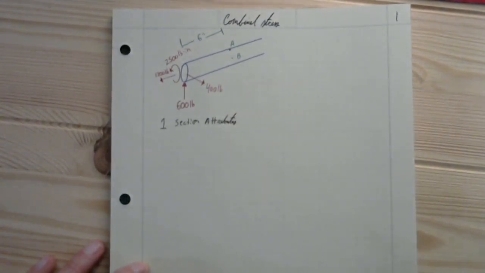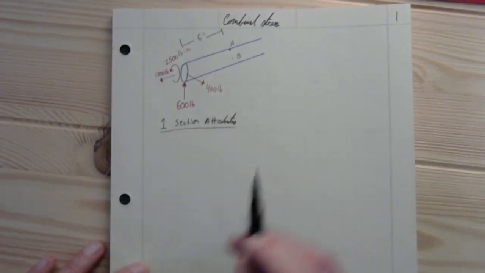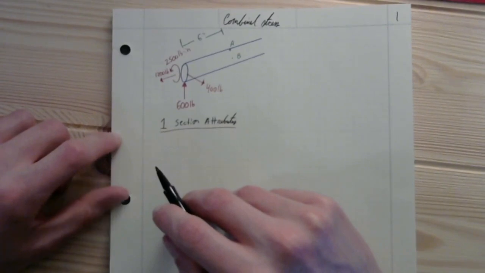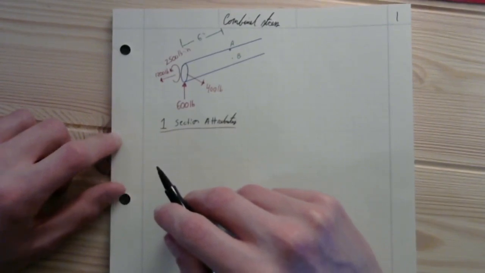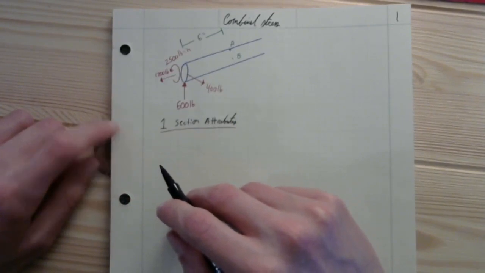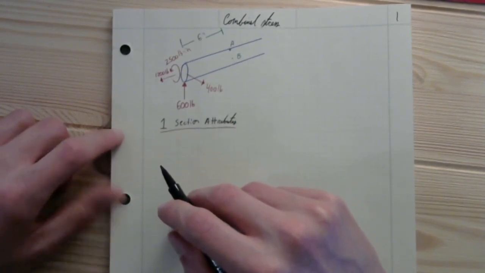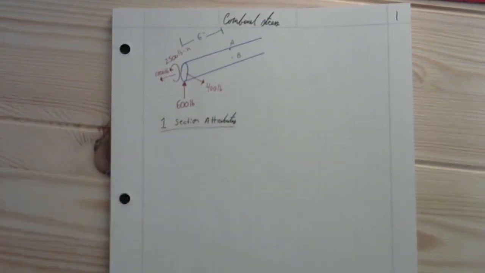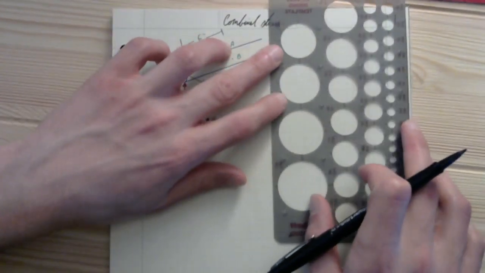We're going to need to know the cross-sectional area of this shape, the second moment of inertia of this shape around all of its axes, and the polar moment J. This is a 2-inch diameter, so let's draw that.